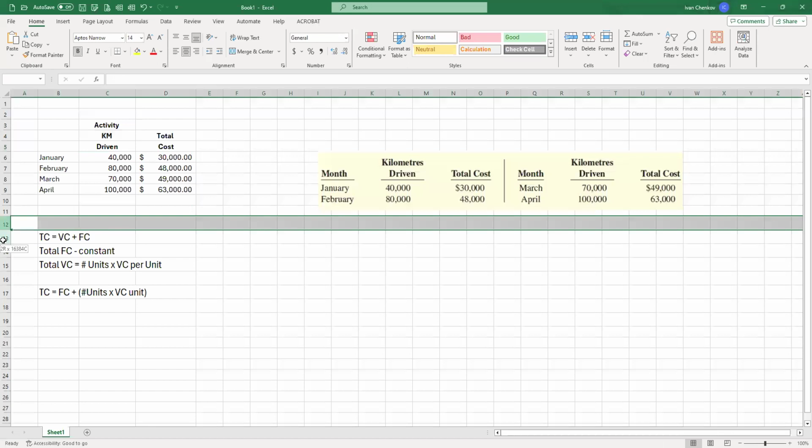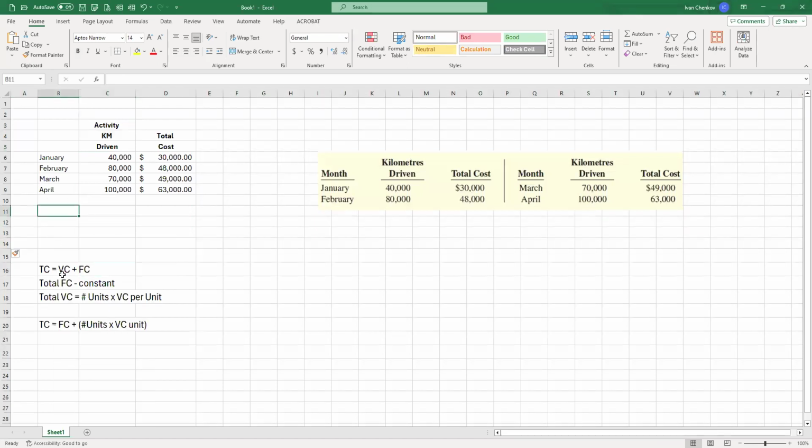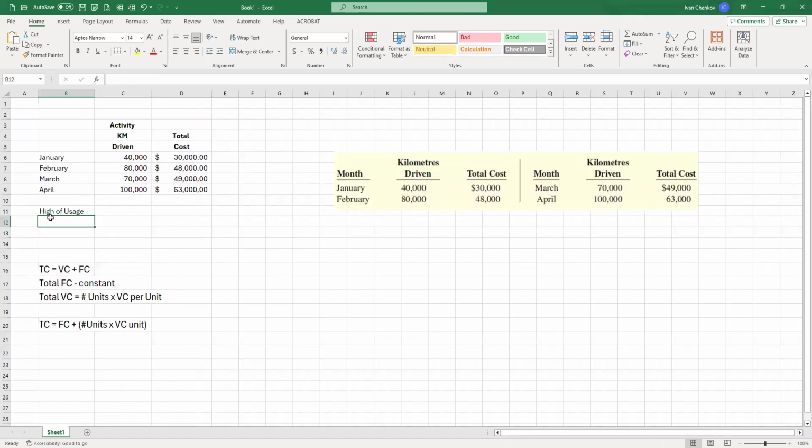Very easy. What I'm going to do first is find the high point of usage, and I'm going to find the low point of usage. Where is my high point of usage?